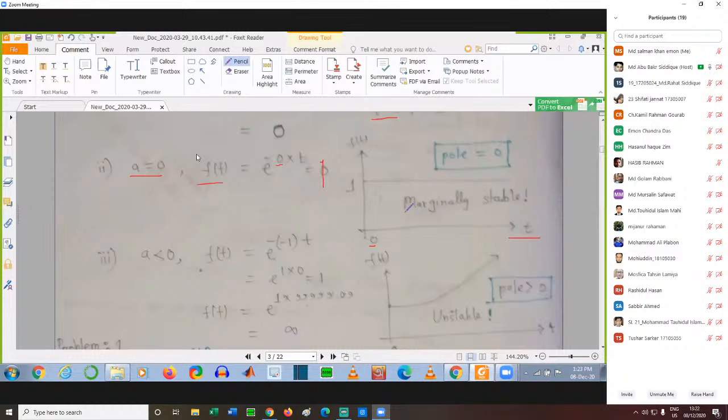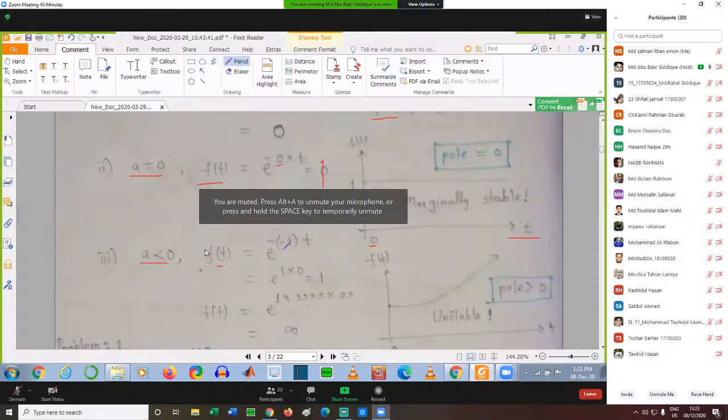Okay, now if you come to the third condition, a less than 0. In that case, f(t) equals e to the power minus at. Here, minus a is minus 1. We assumed it is minus 1, but it can be anything less than 0.